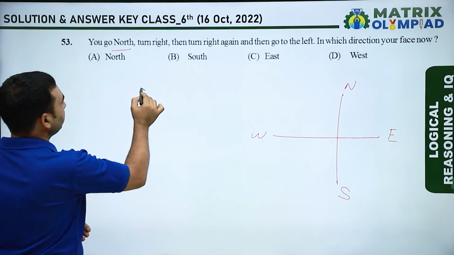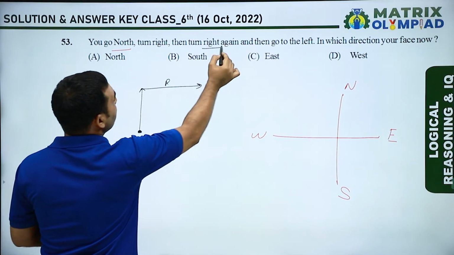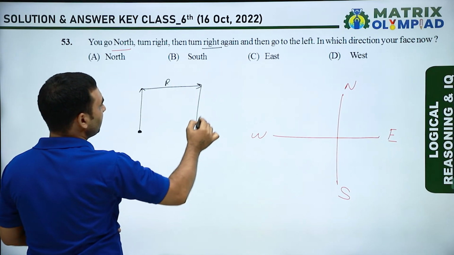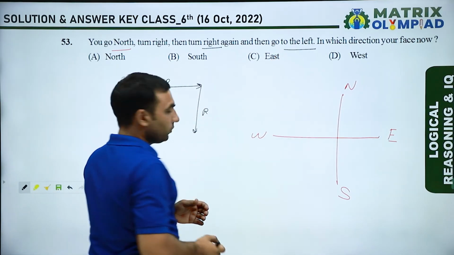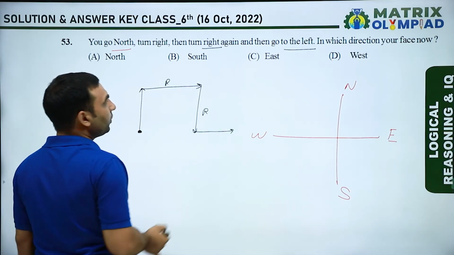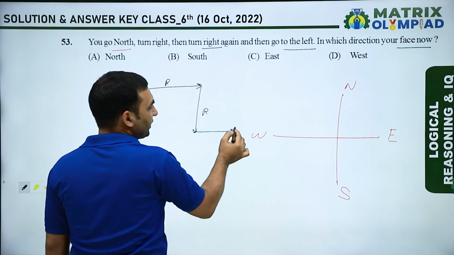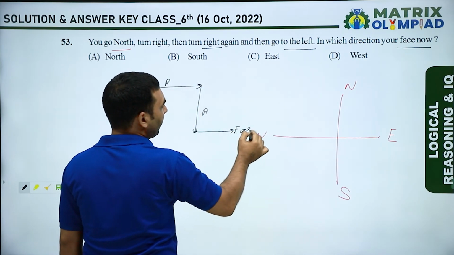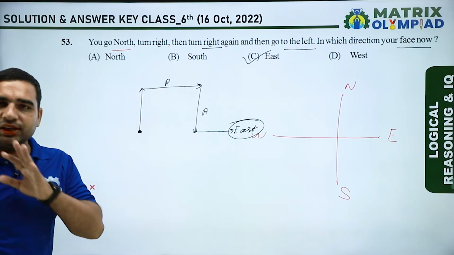Turns right, then again turns right, and then go left. What is your left? This is left. Now we are going, which direction does your face now? This direction is called east. That is our answer. Option C is our correct answer.